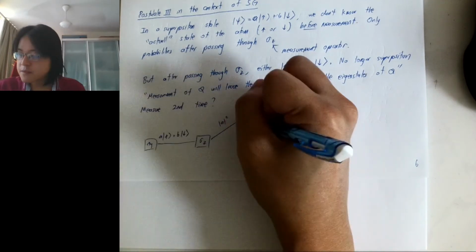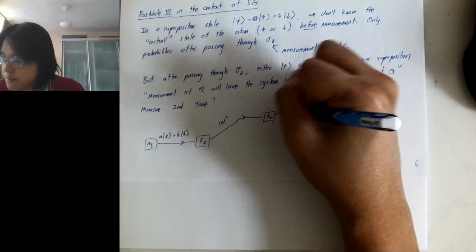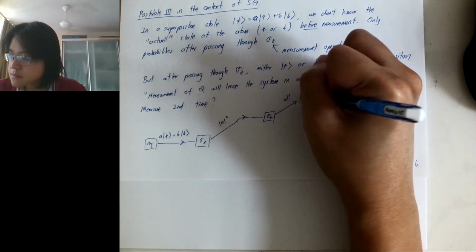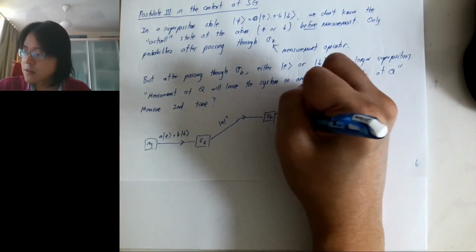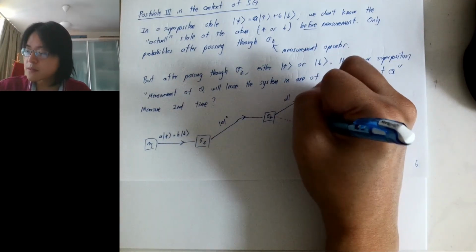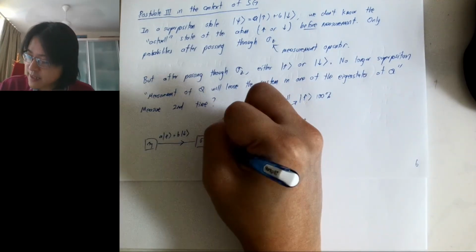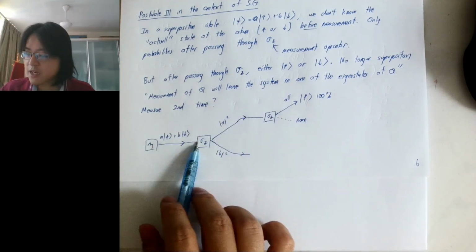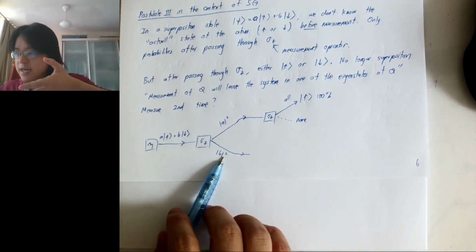What's going to happen is that all of them will go up, 100%, so nobody will come here.